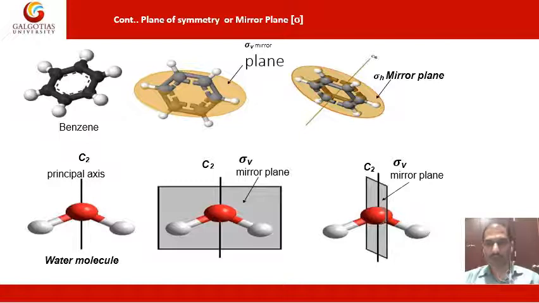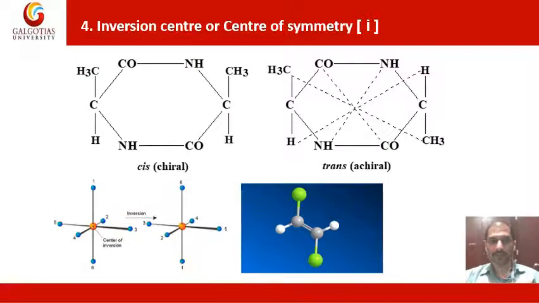In this molecule, a horizontal plane can be passed as a mirror plane this way. So this has sigma h and sigma v in case of the water molecule. There are a number of examples where plane of symmetry or mirror plane symmetry will be there.